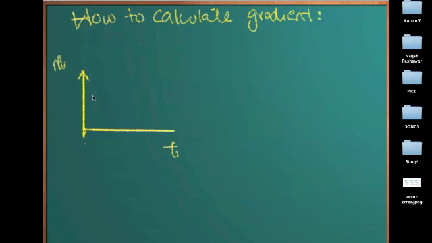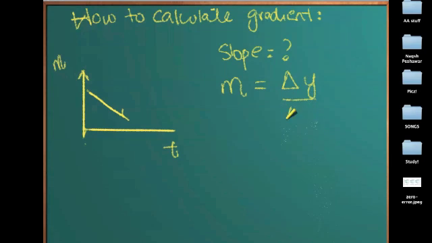For example, if I have a line right here, and I ask you what is the slope of this line. The formula for the slope, and the slope is also denoted by an m, is change in the height or change in y divided by the change in x.